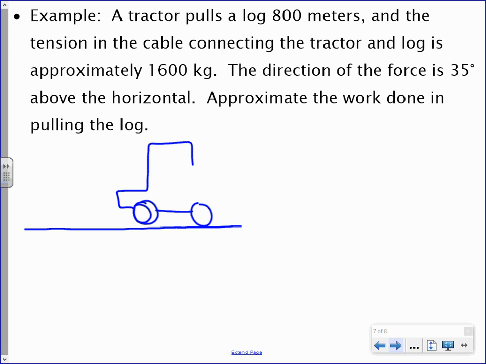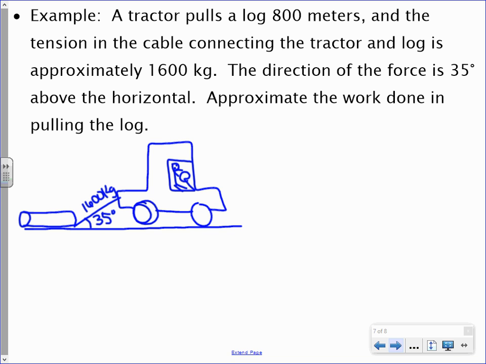We have a tractor. Guy driving the tractor. The tractor is pulling a log at a 35-degree angle with 1,600 kilograms of force.